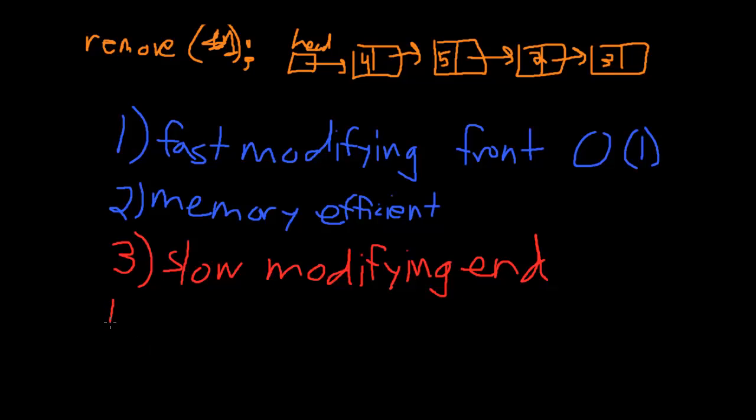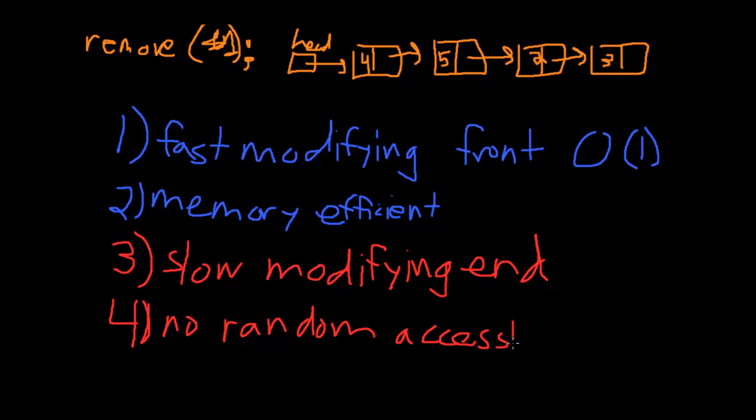And the fourth thing, which is also a con, is no random access. So this was a nice feature that we mentioned about an array list, that no matter what element I want to catch, so maybe I want to see what the element at index 100 is, out of my 1,000 elements, maybe I want to return the value of the element at index 100.